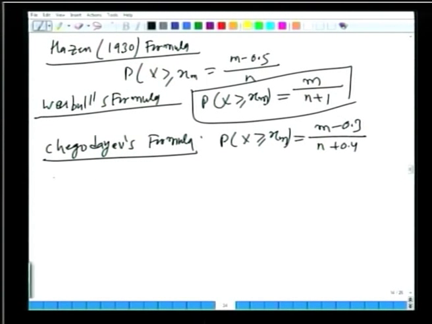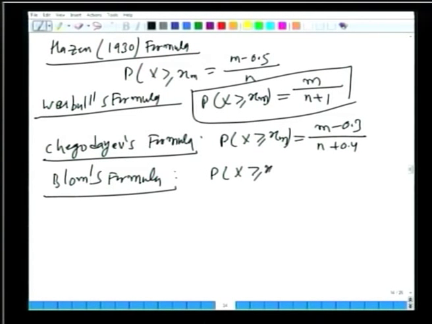Then there is Blom's formula, given by m minus 0.44 over n plus 0.12.